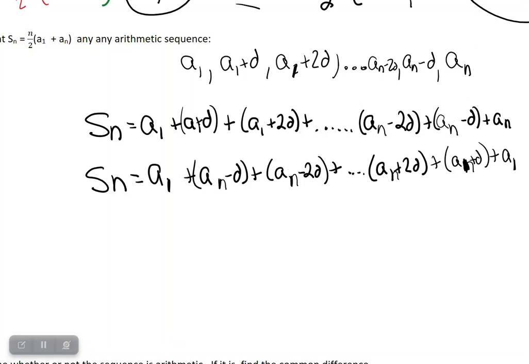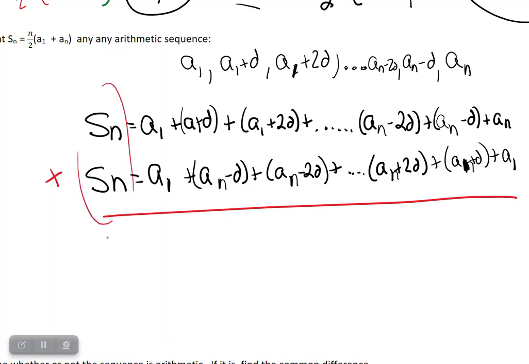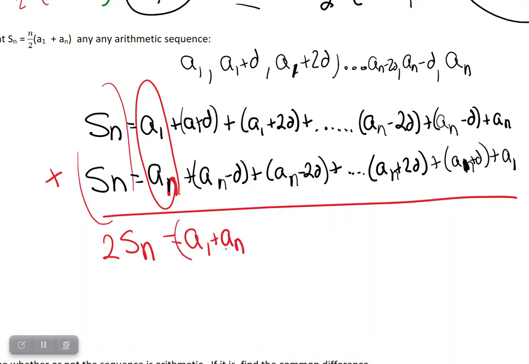All right, so then what we are going to do with this is add them together. So add everything. This is going to become 2s sub n equals, and when I add this together, I'm going to get a sub 1 plus a sub n.